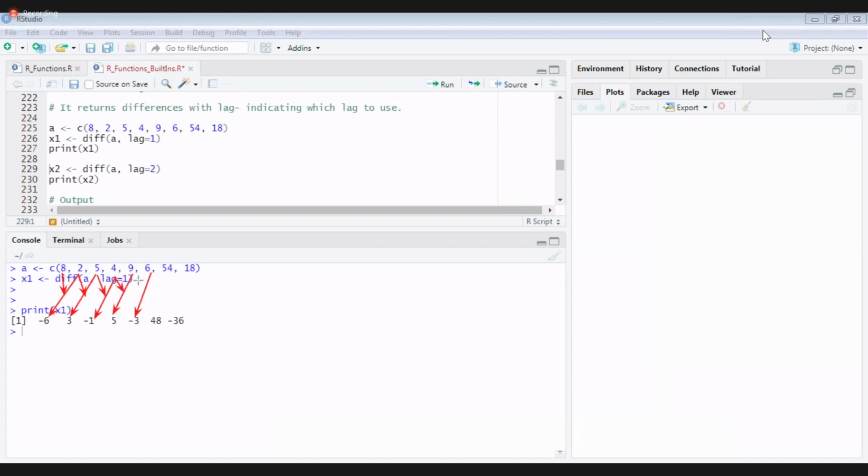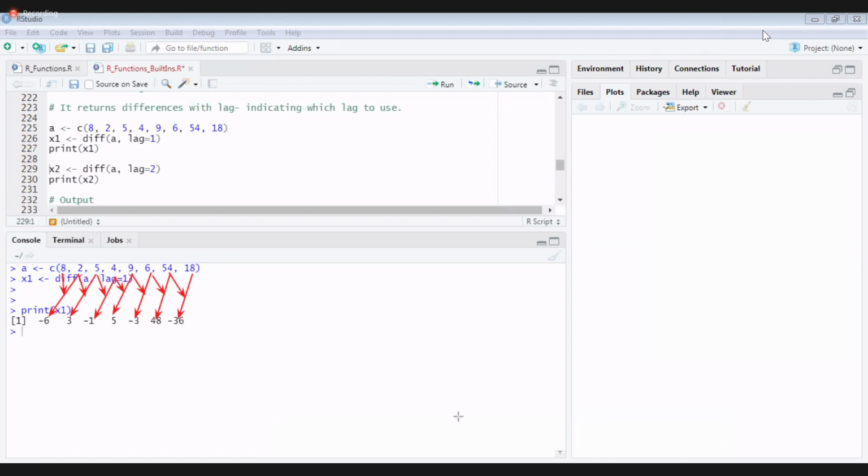Like 6 minus 3, 54 minus this, and this minus this. This is for lag 1. Is this clear?